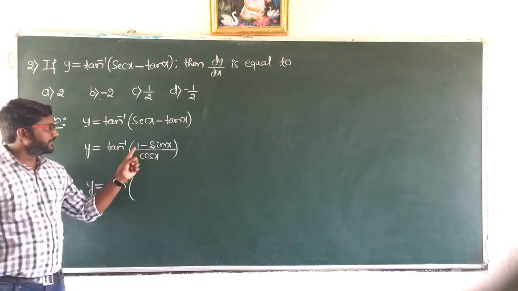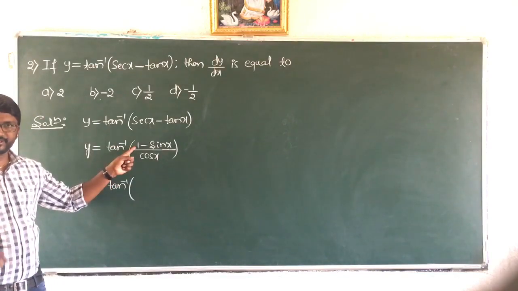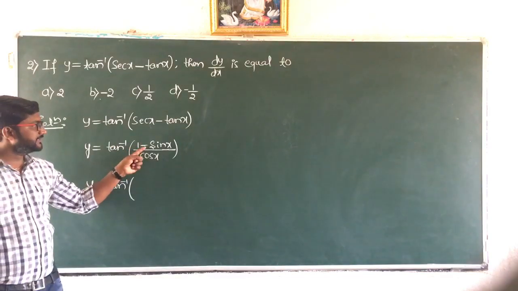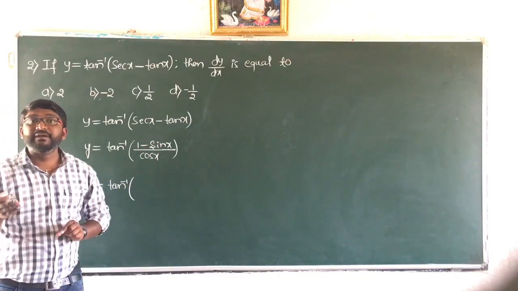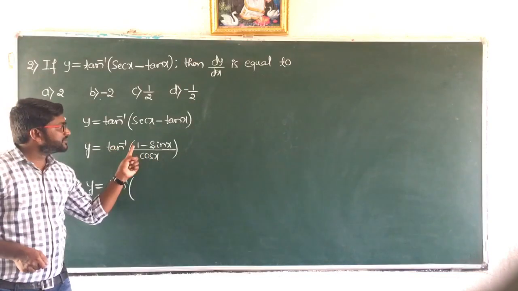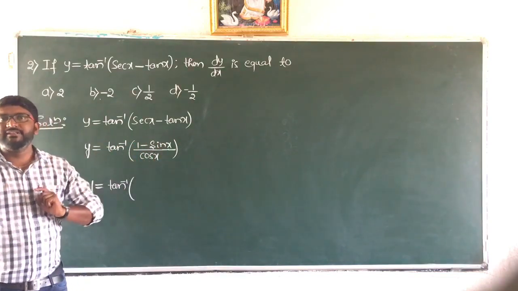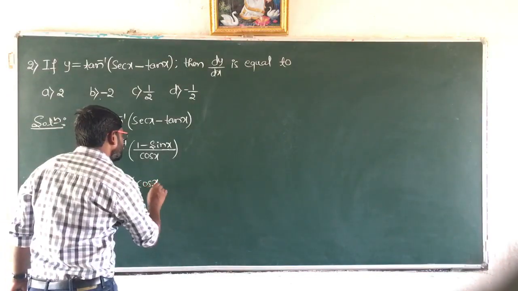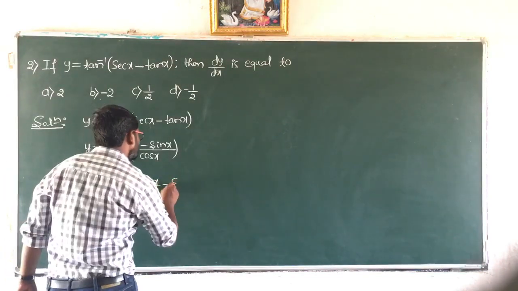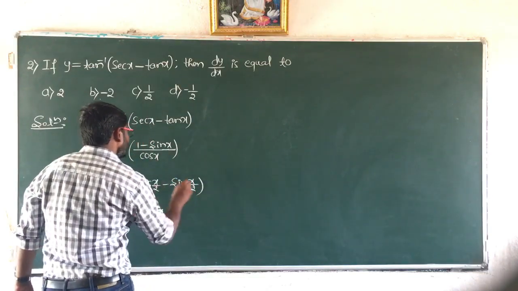Here in place of 1 I can write cos square x by 2 plus sin square x by 2, then minus as it is, then sin x can be written as 2 sin x by 2 into cos x by 2. That means the numerator becomes a square plus b square minus 2ab, which can be written as (a minus b) the whole square. The numerator becomes (cos x by 2 minus sin x by 2) the whole square.